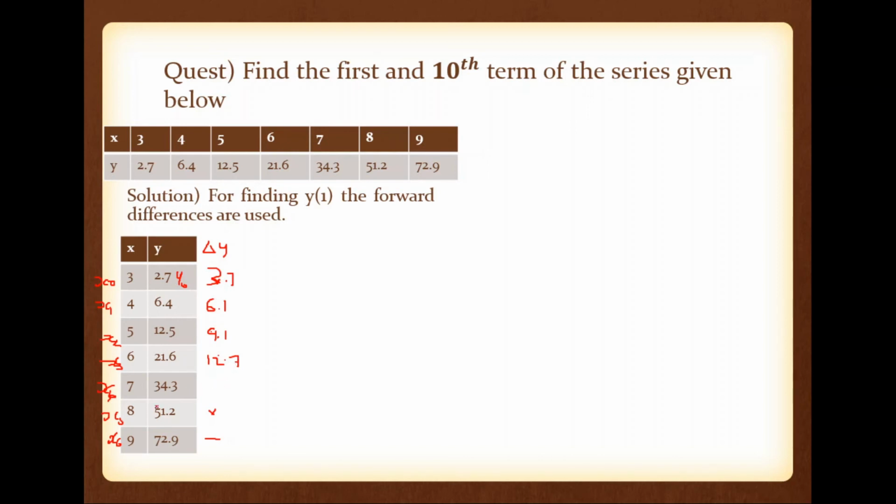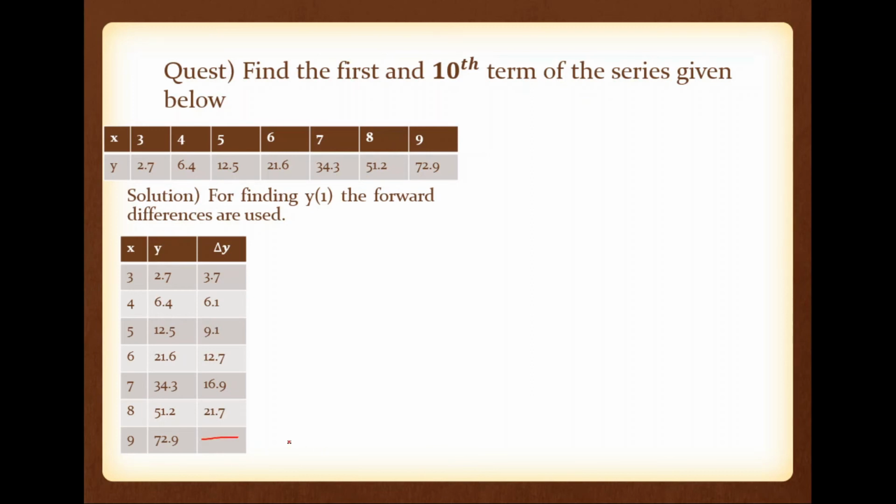This data 51.2 minus 34.3. So this is 16.9. Right. Now similarly, what is this data? 72.9 minus 51.2. So we have 21.7. So this is delta y term: 3.7, 6.1, 9.1, 12.7, 16.9, 21.7.